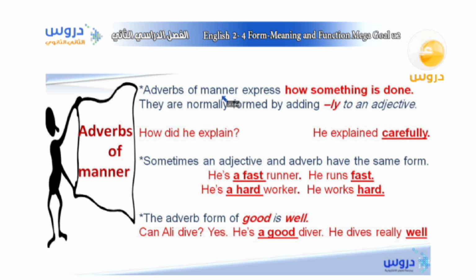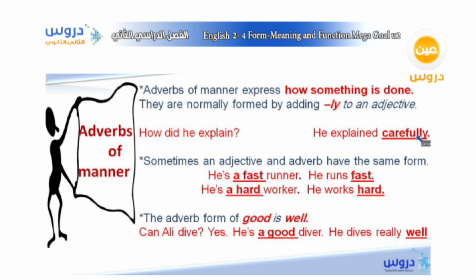Okay, adverbs of manner express how something is done. They are normally formed by adding ly to an adjective. For example here, how did he explain? He explained carefully. We add ly also here, ly to the adjective. Careful, adjective.